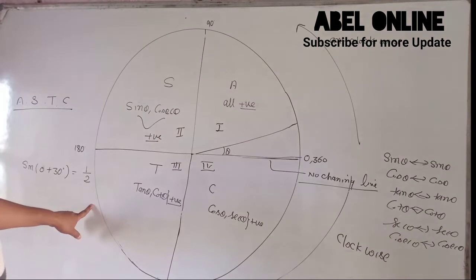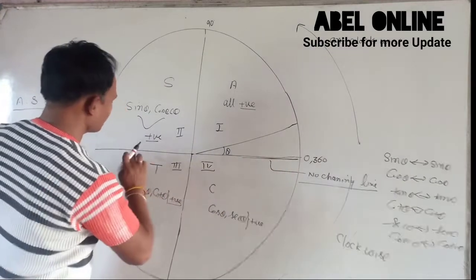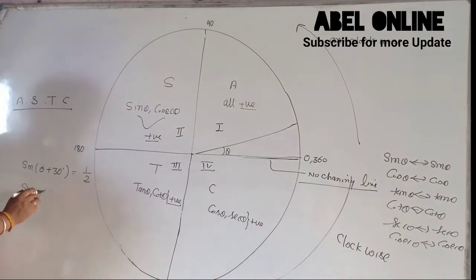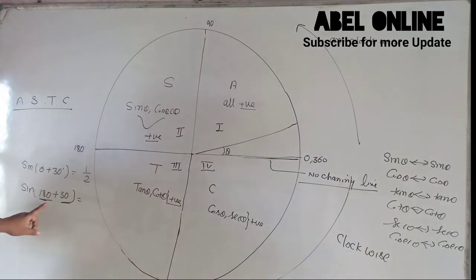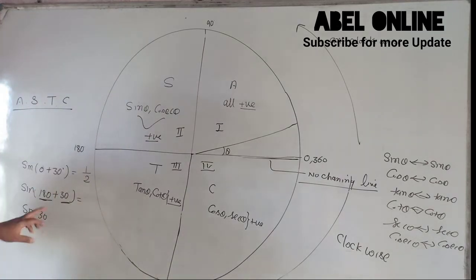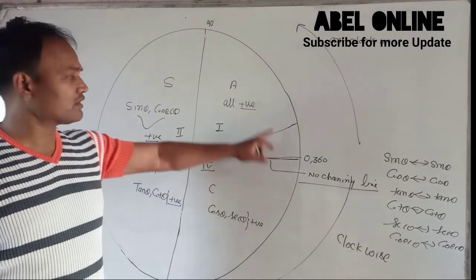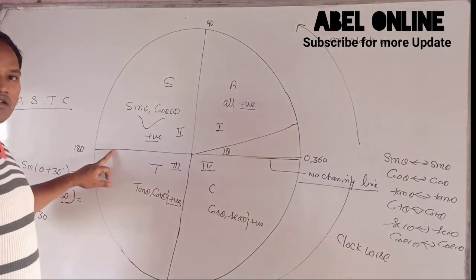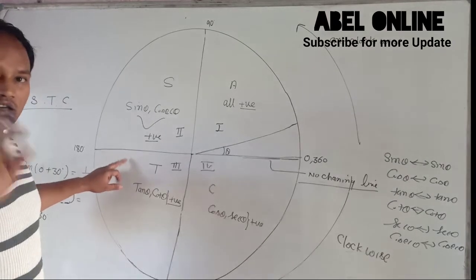And when we are saying that if you have to find the value of sin 180 plus 30 degree, 180 plus 30 means sin 30 degree, because the values are not changed. 180 plus 30 is 30 because this is 0 degree and this is 180. 180 plus something means this is in the third quadrant.